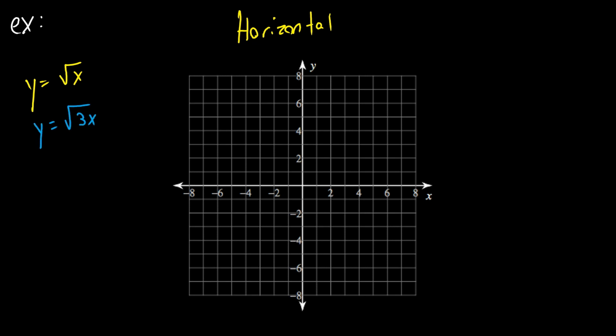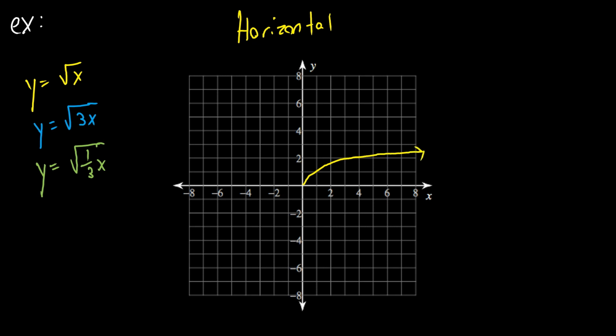But this time, our C is going to be inside. So it's going to be affecting that X value. You can imagine that being like inside the parentheses, right? So we know what the behavior of y equals square root of x is. Has a point at 1, 1 and 4, 2.